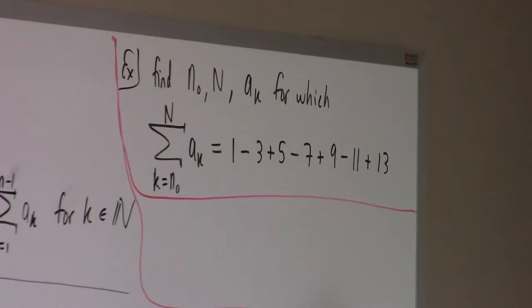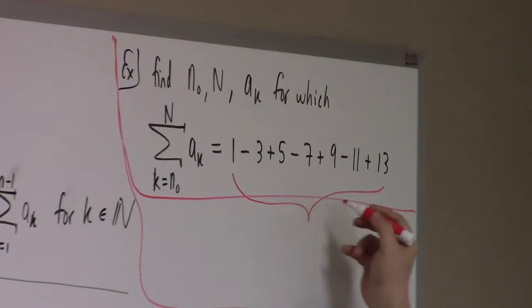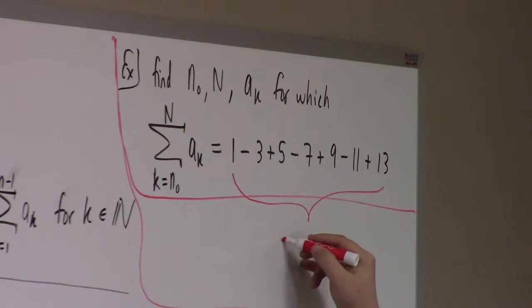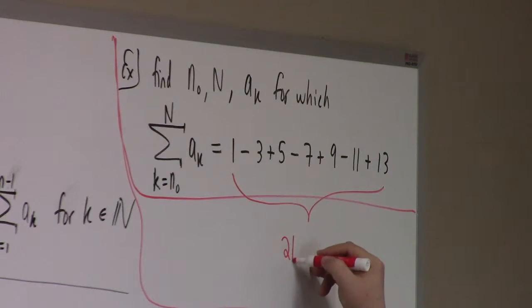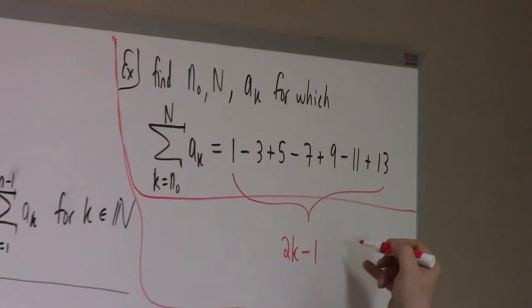Educated guessing, though, right? So the point is, you try to look at it, try to see a pattern, try to see if there's some kind of formula that unites these. For these, first of all, I see it's something like maybe 2 times k minus 1, right?